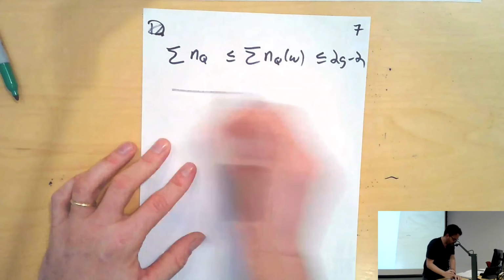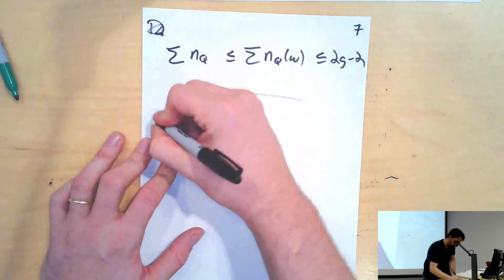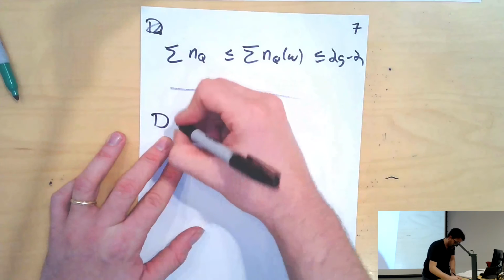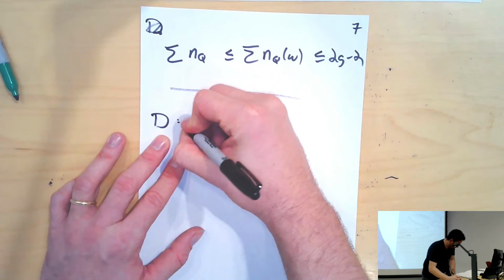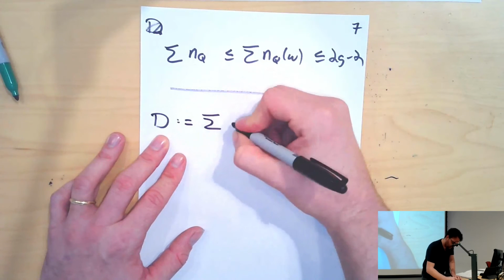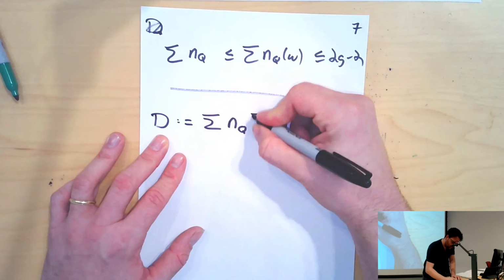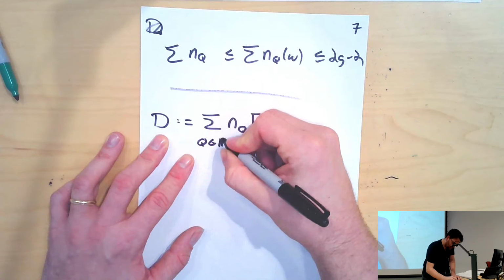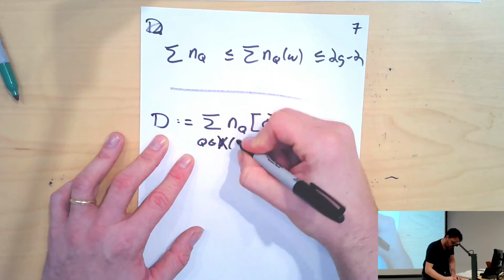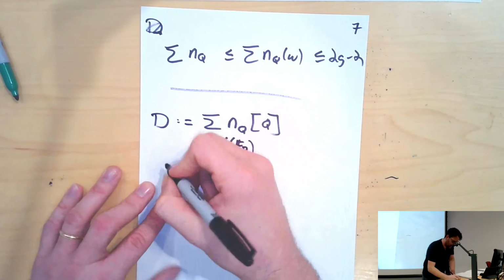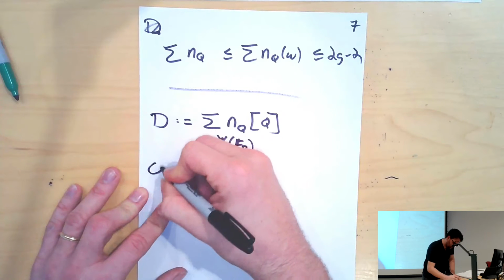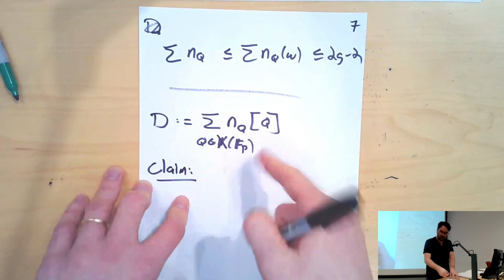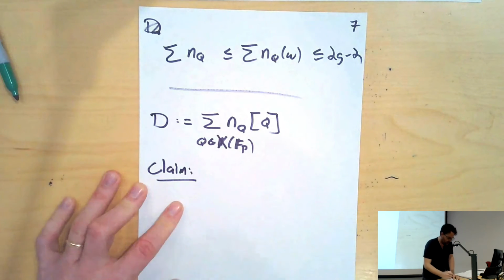Okay, great. So Stoll introduced the following formalism. Let D, in some of our papers we write D sub Chab for the Chabauty divisor, be, let's just make this a divisor, the sum of N_Q times Q over X of F_p. And the degree of this is the quantity that we're trying to bound.